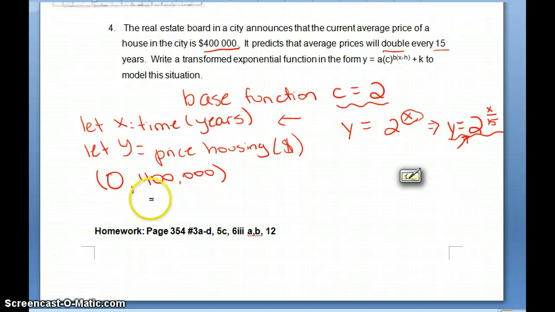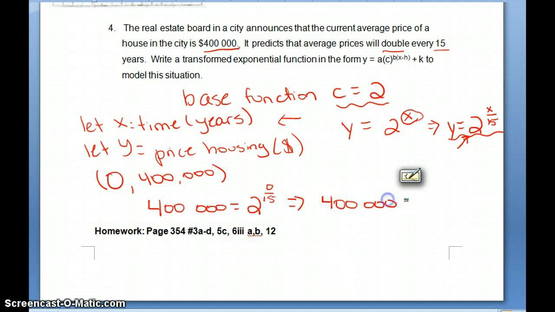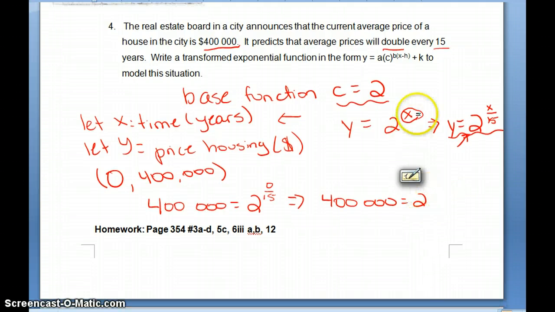So we have y at 400,000 is equal to 2 to the power of 0 over 15. That then is 400,000 is equal to 2 to the 0. And then simplify, now we have 400,000 is equal to 1. So that obviously isn't true.